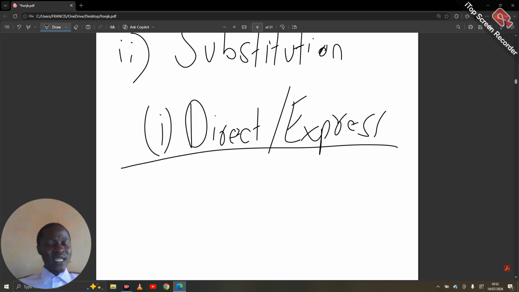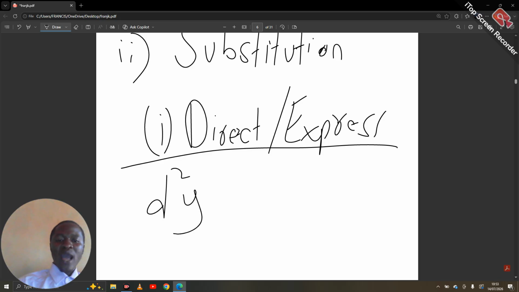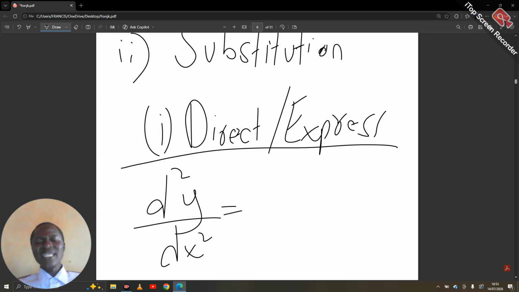When it comes to direct or express, in the second derivative method, d squared y over dx squared is a number.